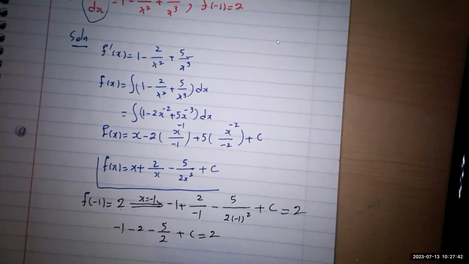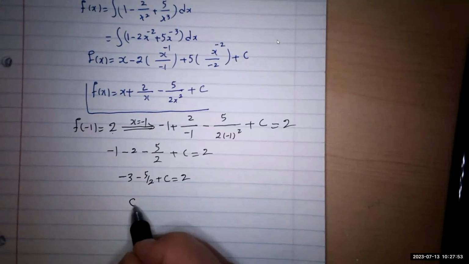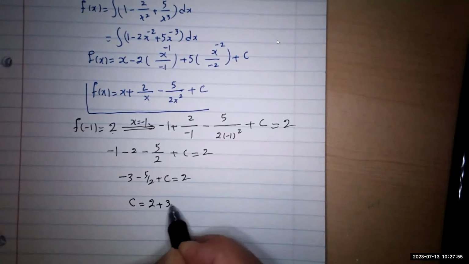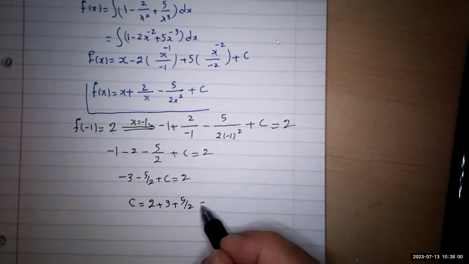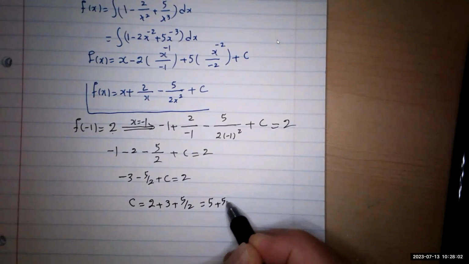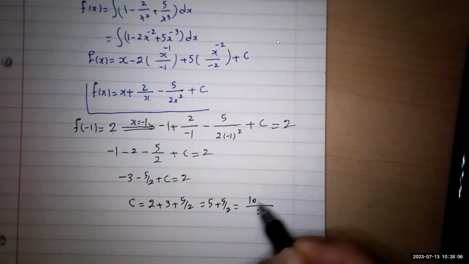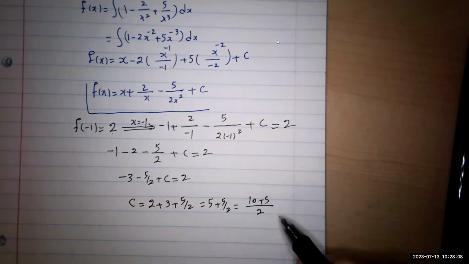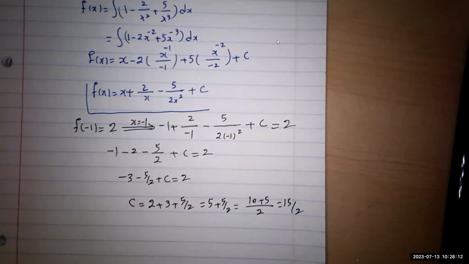So this is going to be -3 minus 5/2 plus c equals 2. So c would be 2 plus 3 plus 5/2. That gives you 5 plus 5/2, which is 10 plus 5 over 2, 15/2.